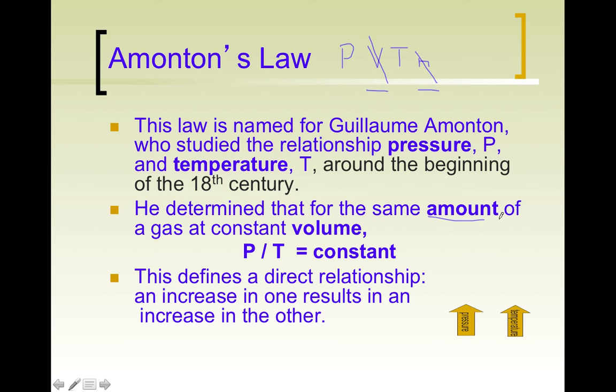It says for the same amount of a gas, which would be N, and a constant volume. So I am keeping volume constant, and it gives me a relationship between pressure and temperature.